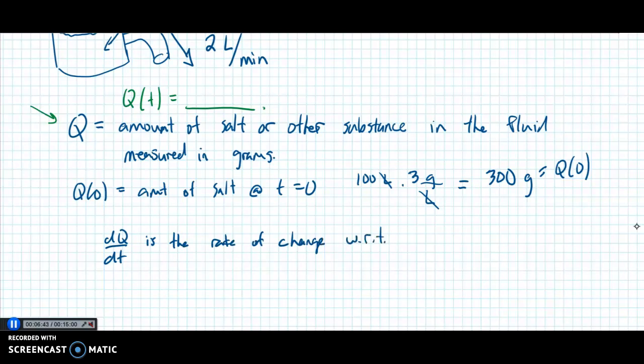WRT in calculus typically means with respect to, right? So it's the rate of change with respect to time of the amount of salt in the tank. Okay?